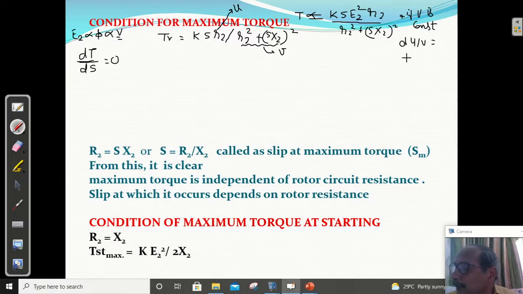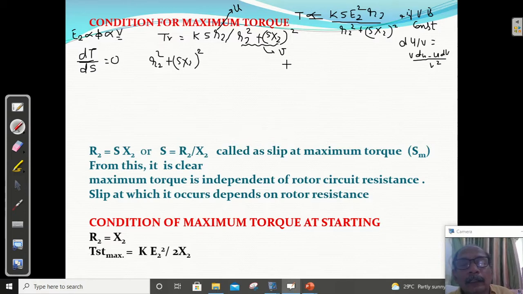If you differentiate this torque with respect to the variable term s and equal to 0, you will get v, which is R2 square plus SX2 whole square. This is v. What will du be? The differentiation is v du minus u dv by v square.